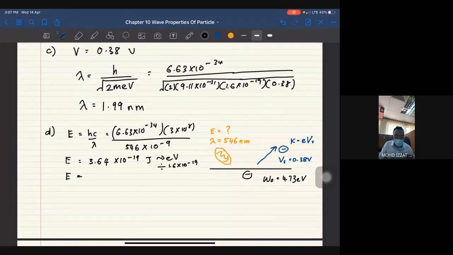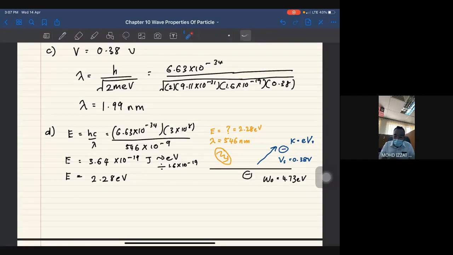Alternatively, you can convert W naught kepada joule. Mana pun boleh. Okay, I got here is 2.28 eV. So the incident light has energy of 2.28 eV.